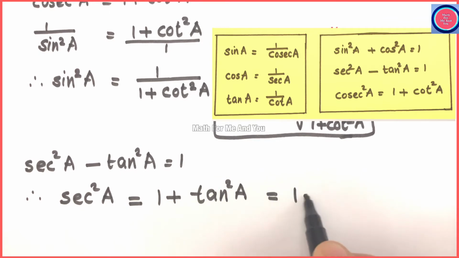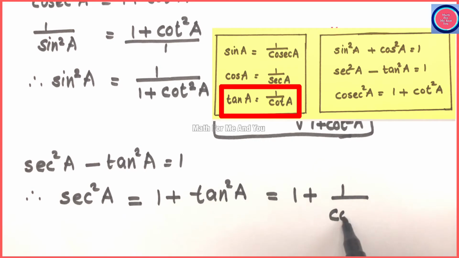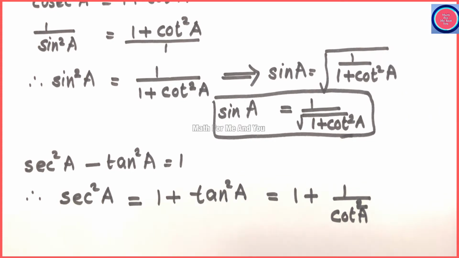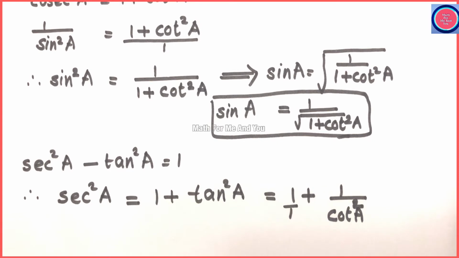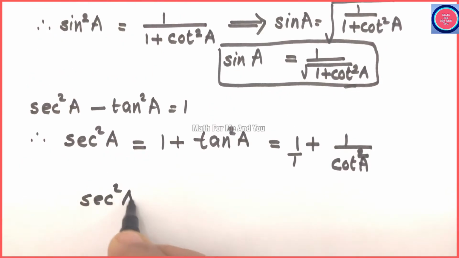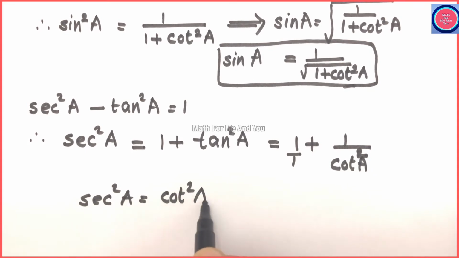terms of cot. What we are going to do is change tan square A as 1 divided by cot square A because tan and cot are reciprocals. To do plus with 1 by cot square A, we are going to change 1 with the denominator 1. That means we get sec square A is equal to, the right side we can take cot square A as common denominator.